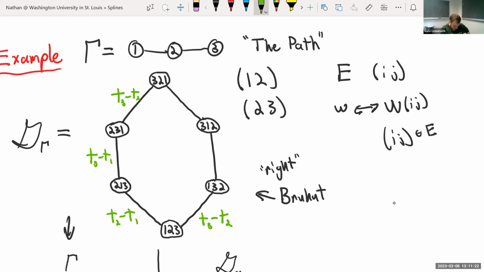We switch 1 and 2. And finally, over here on the right, 3 and 1. So this here is the edge labeled Cayley graph for the path of length 3.